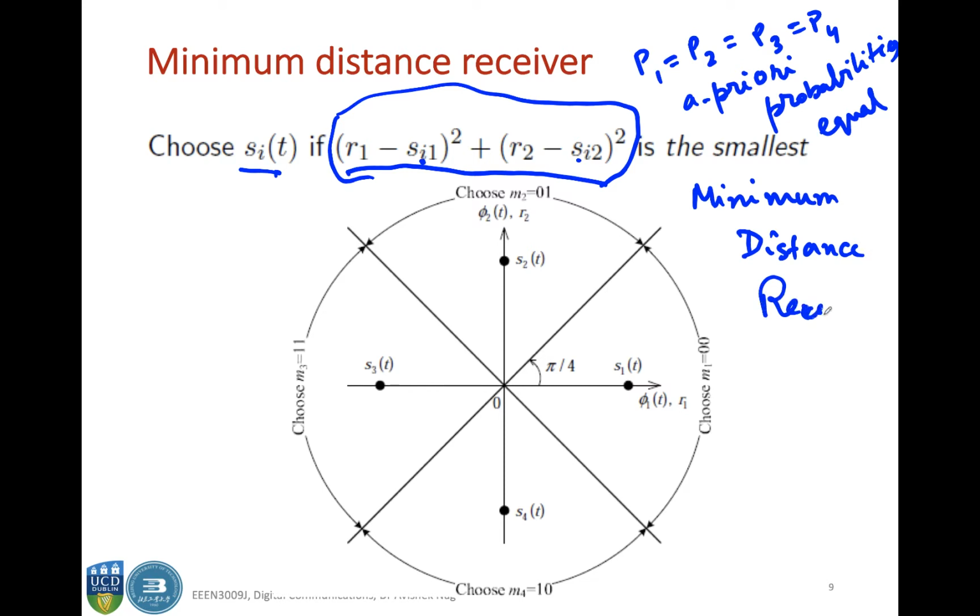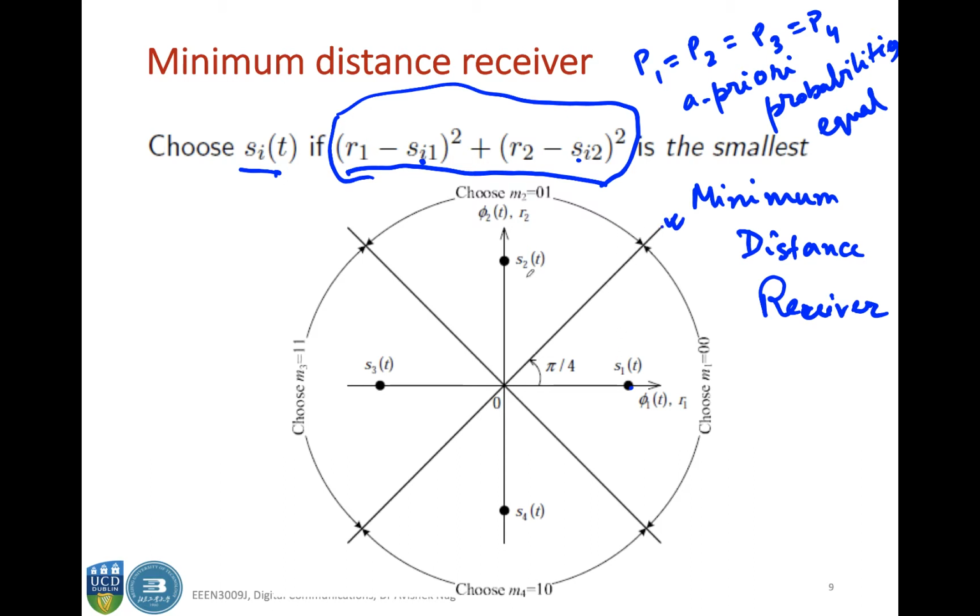So for QPSK also, you can see that this minimum distance rule applies. You have 4 signals in the signal space, and if you draw a decision boundary, then the boundaries are these. For S1 and S2, this is the boundary.